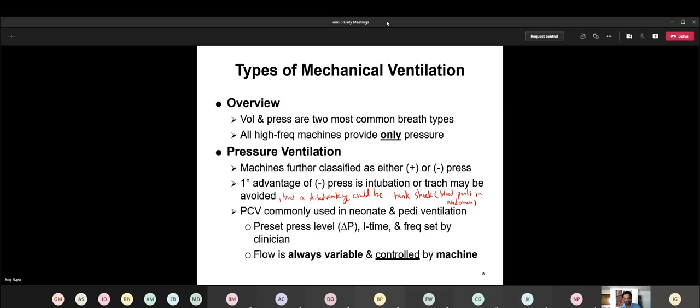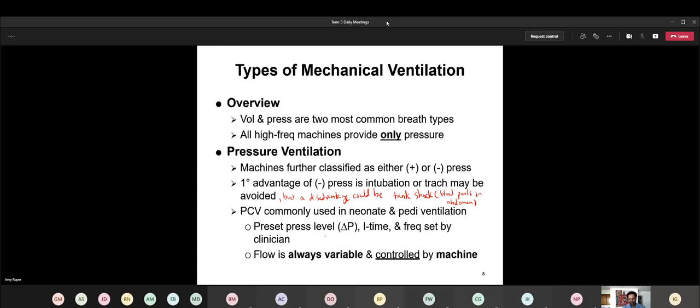They're going to want you to set the delta P at, say, 20. And then you'll have some others that will say they want the PIP to be 20 or 25.